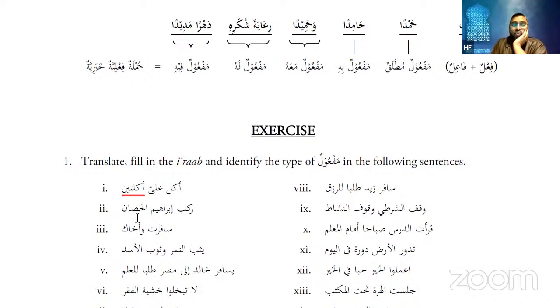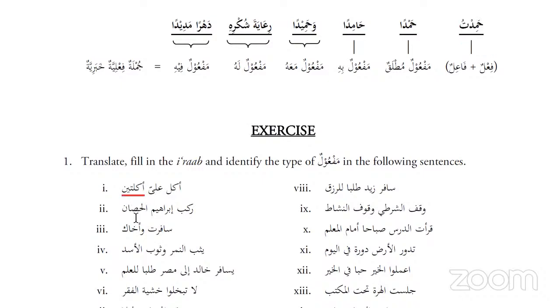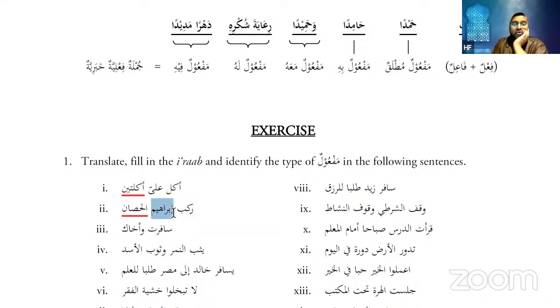He didn't do this action twice. Akalatain, Ali ate twice. So akalatain, there are 2 objects. Rakiba Ibrahimo, Ibrahim rode. It wasn't I rode, it's Ibrahim rode.